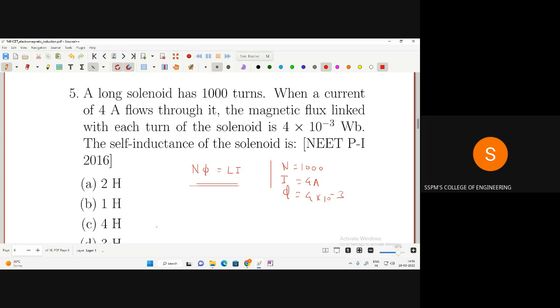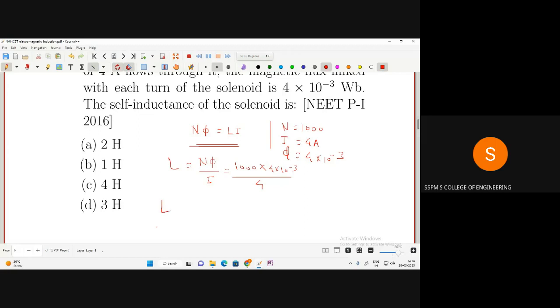The self-inductance L is equal to N phi divided by I, where N is 1000, phi is 4 into 10 to the power minus 3, and current is 4.